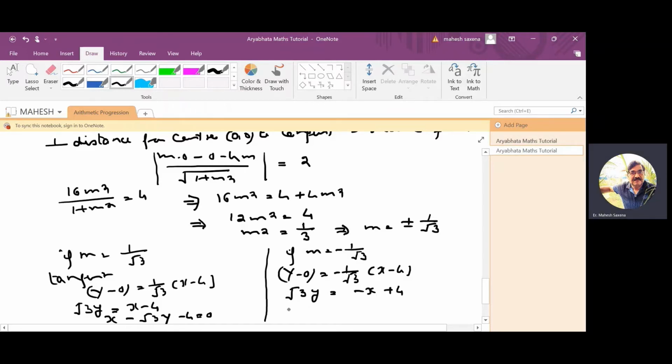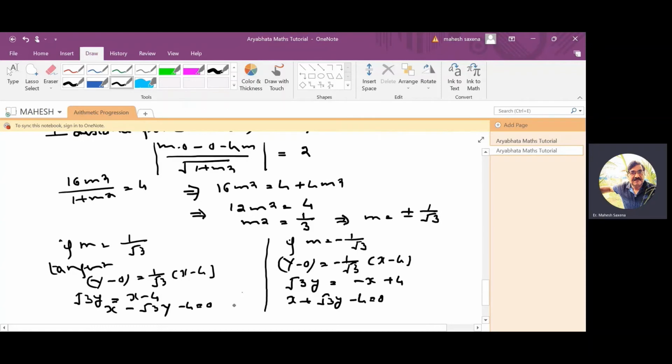That is, equation will be x plus root 3y minus 4 is equal to 0. Therefore, in this case, two tangents are coming. One is x minus root 3y minus 4 is equal to 0, and second is x plus root 3y minus 4 is equal to 0.